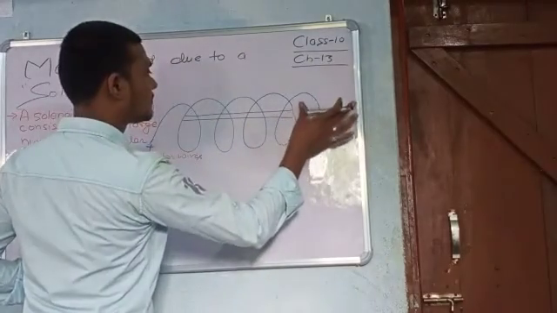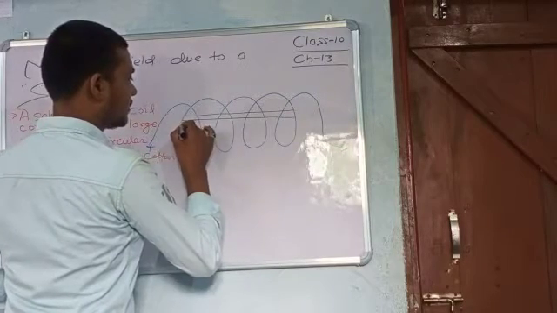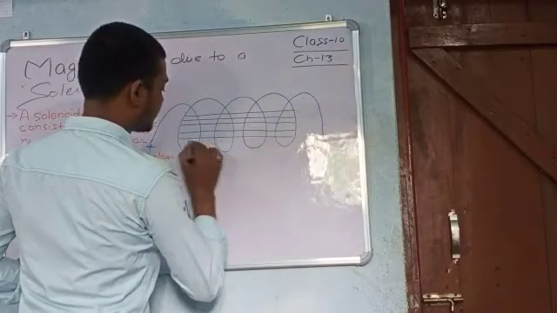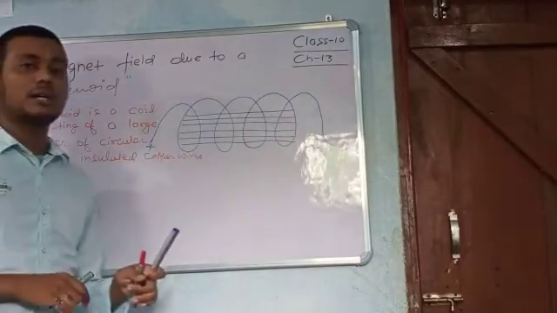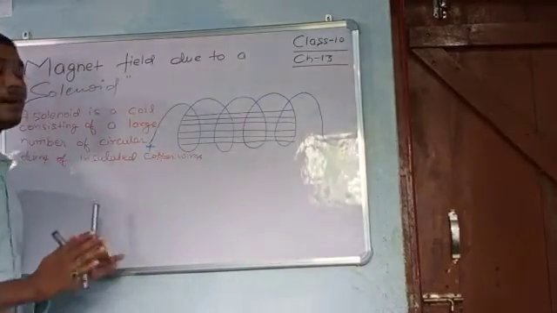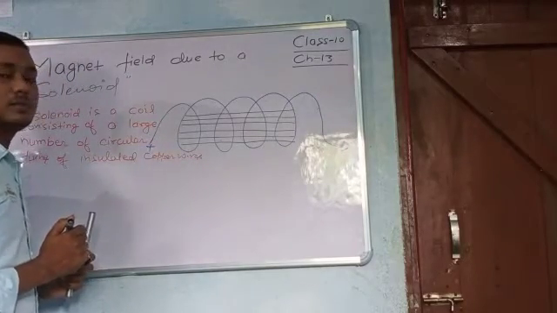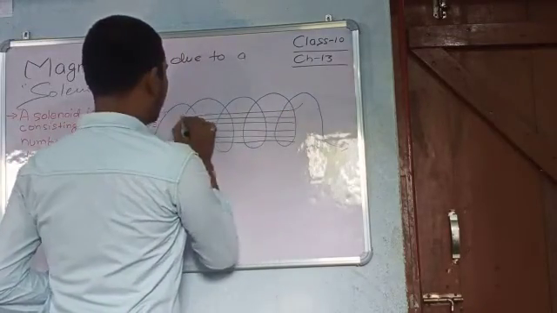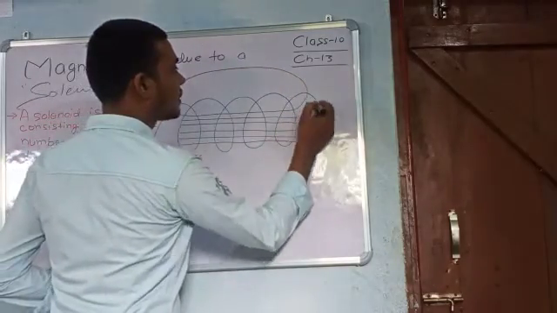Okay, and straight. The magnetic field inside the solenoid is parallel, but once the magnetic field comes out from the solenoid, then it again makes a circular closed loop.